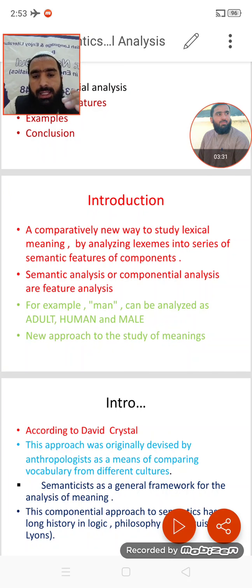So these are the three components of the word man. When we are learning the meaning of man, we are attaching different features to that word: that man is an adult, a human and male. So this is a new approach to the study of meanings.